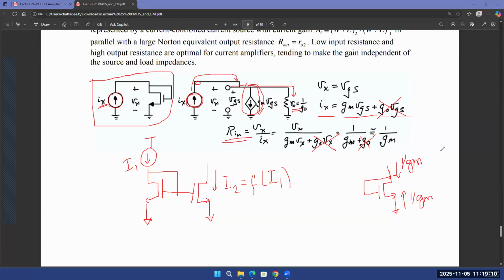When you are looking at the drain of the transistor, if the transistor is diode connected, you'll see 1 upon gm and you'll not see RO. And again, you can just do the small signal analysis yourself one time just to get convinced why it is 1 upon gm and not RO.